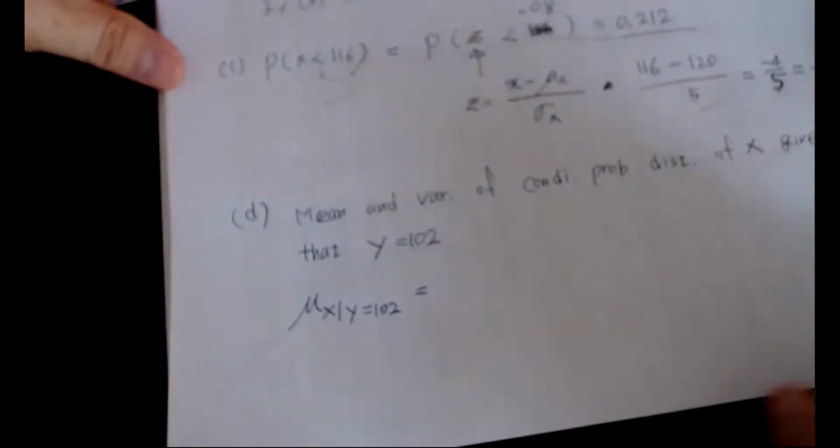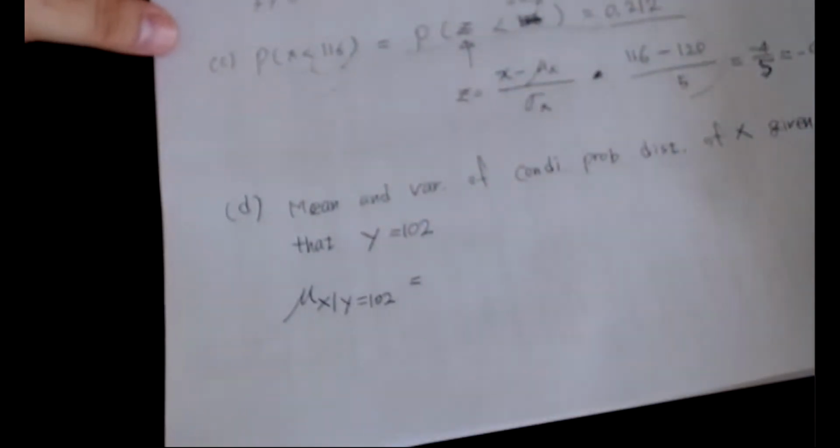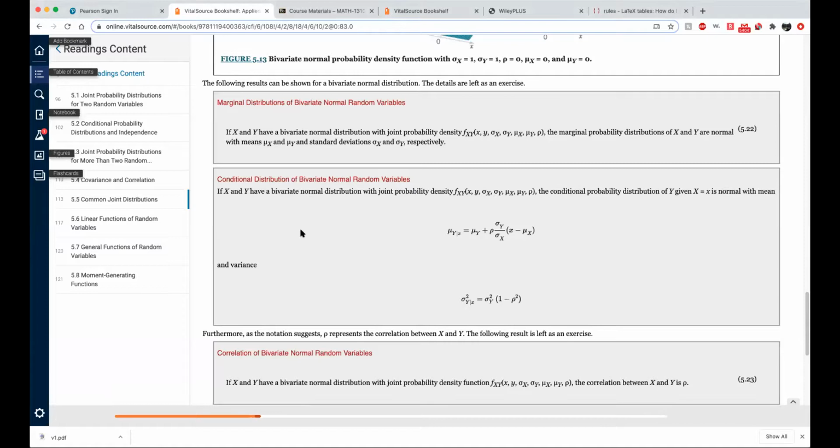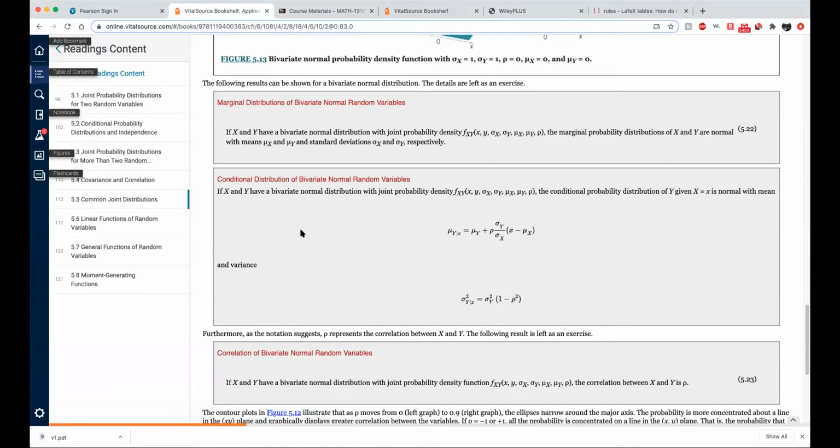Here we have to use the formula I showed you. Remember, the conditional distribution of a bivariate normal random variable. The mean and variance of the conditional probability distribution are this, assuming that X and Y have a bivariate normal distribution.